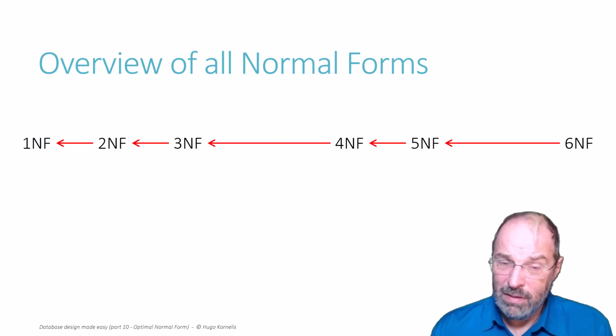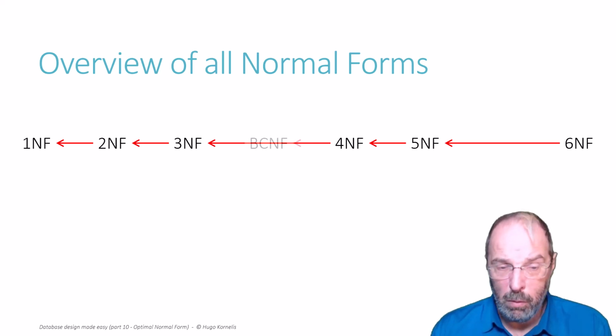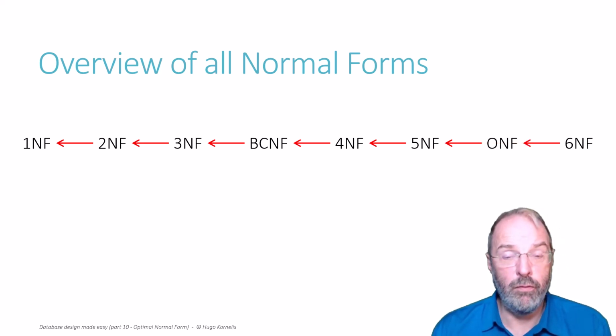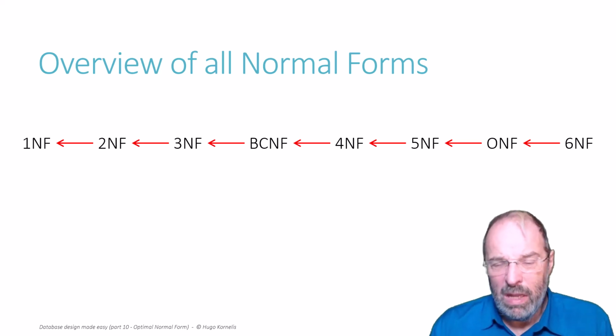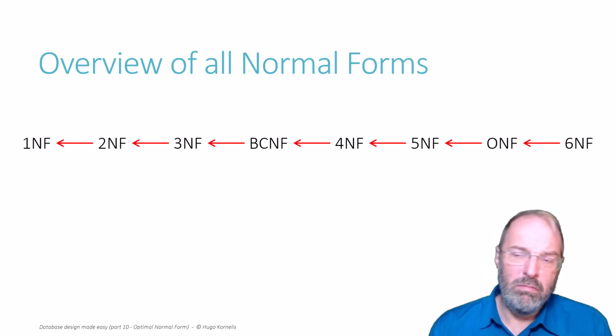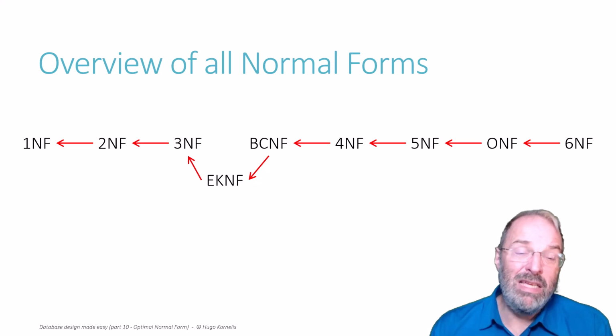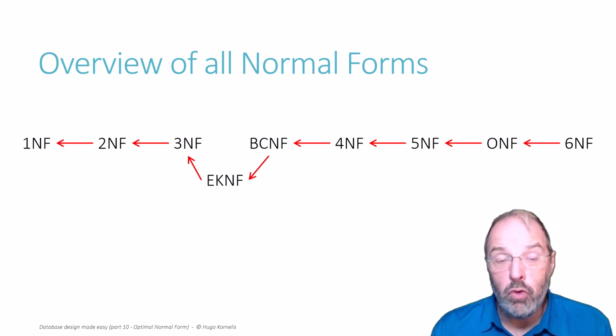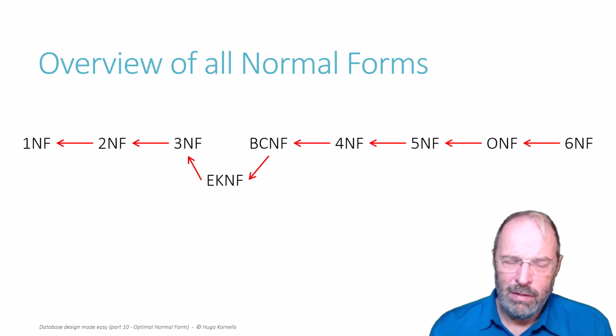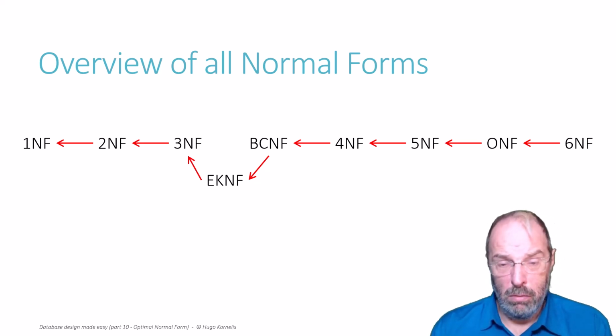Of course, this list is incomplete because in between third and fourth normal form we find Boyce-Codd normal form, and in between fifth and sixth normal form we find optimal normal form. And then we have the rather weird ones like elementary key normal form sitting in between third and Boyce-Codd, basically just giving a name to third normal form schemas that can't reach Boyce-Codd normal form.